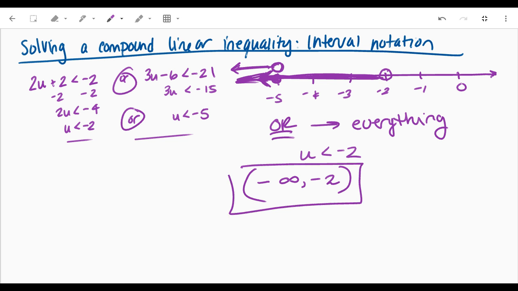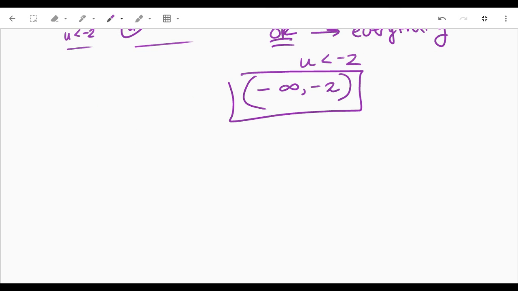Let me get another one for you, especially one that would have an and. So give me a second here. Okay, so for the next one, we have 2u minus 6 is less than -14, and 4u plus 5 is less than 21.